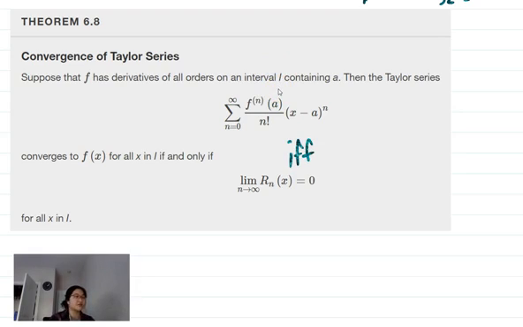Now, it means that we have both directions, that we have this limit of our remainder going to 0 implies that we have convergence for that Taylor series. And if we have convergence for this Taylor series, that implies that our limit of a remainder is going to be 0. They imply each other. For all of your x in that interval containing A. And for some reason, we also in math like the interval I. That's another thing that you will see.